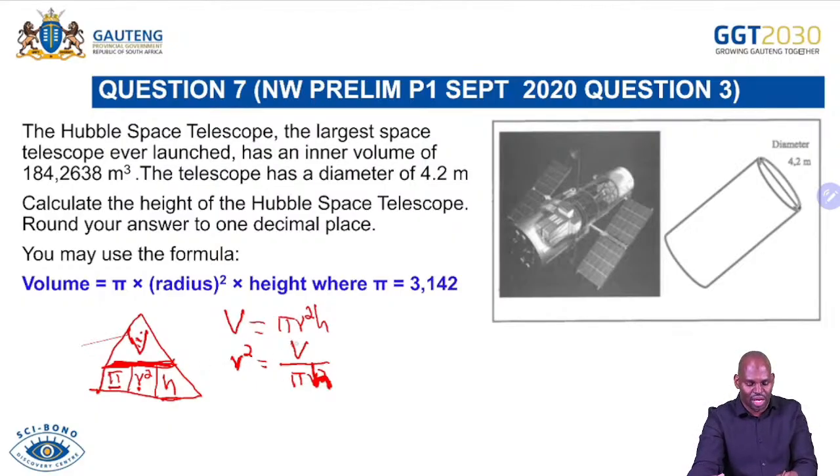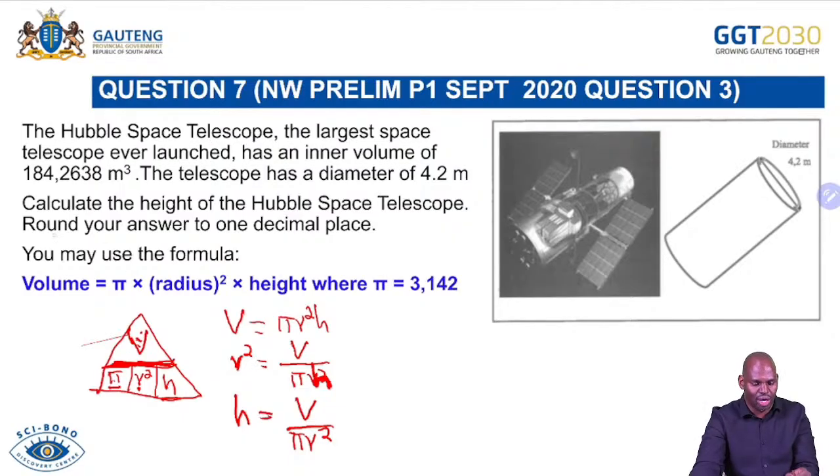After simplifying this, to find the value of r, you'll have to work out the square root. What about height? If you want to calculate the height, you're going to say v over pi r squared. So for h, there is no square there. Whatever answer you get after doing the substitution, that will be your answer.